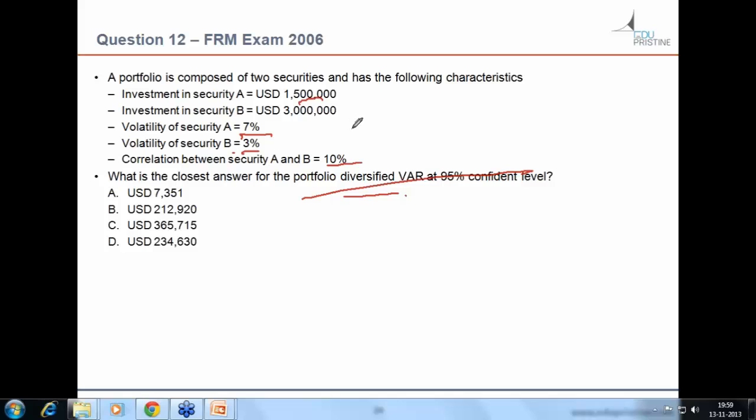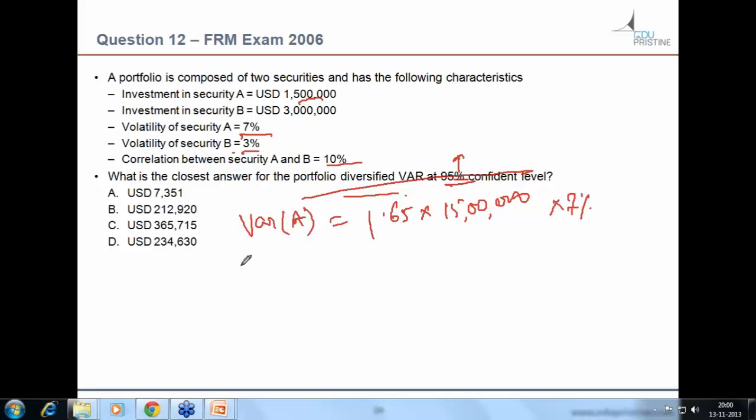It's a very lengthy formula where you initially have to take out the weights. But we can make it simplistic. If you want to try the other option, we take out the VAR of A. How do we do that? 1.65, because we are told to calculate at the 95% confidence interval, 1.65 into portfolio value, into volatility of portfolio.